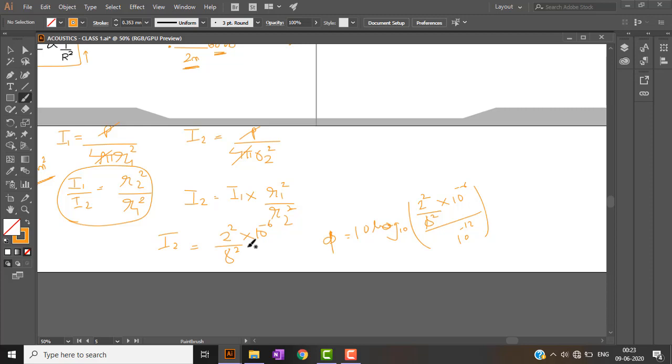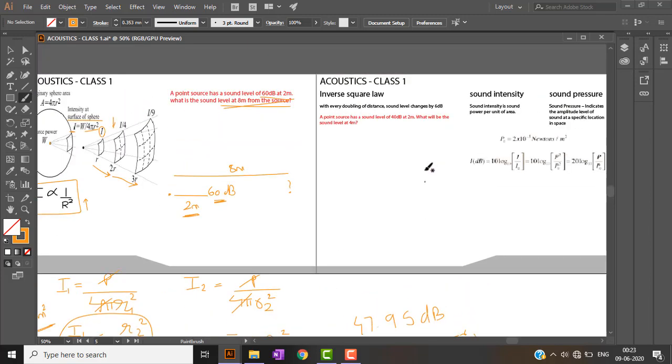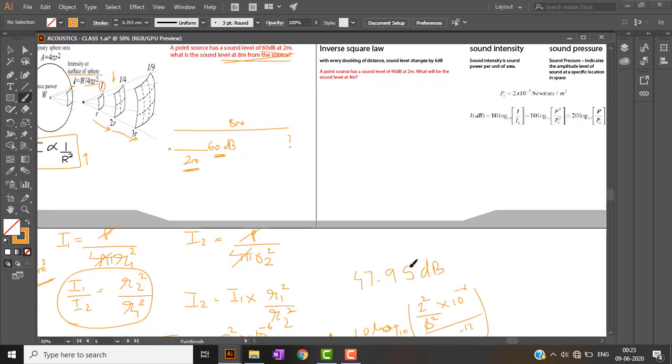So 10 into log of 0.0625 into 10 raised to minus 6, and in the denominator 10 raised to minus 12, so it becomes 10 raised to 6. And I'll get the answer 47.95 dB. Okay, 47.95 decibel. So the sound has reduced from 60 decibels to 47.95 decibels. So this is the answer.